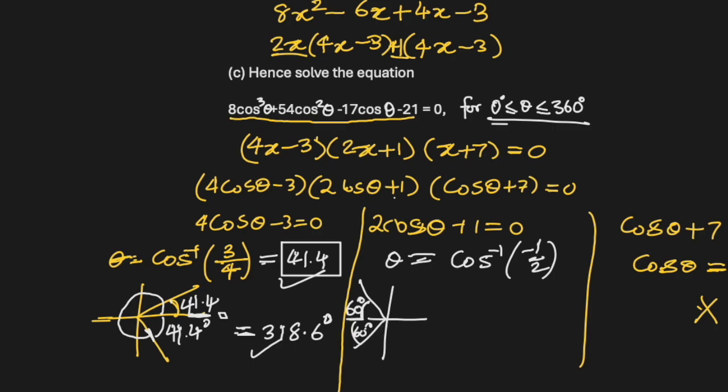So the first answer, if I start from 0 again, will be 180 minus 60, which is equal to 120 degrees. The third answer is 120 degrees.